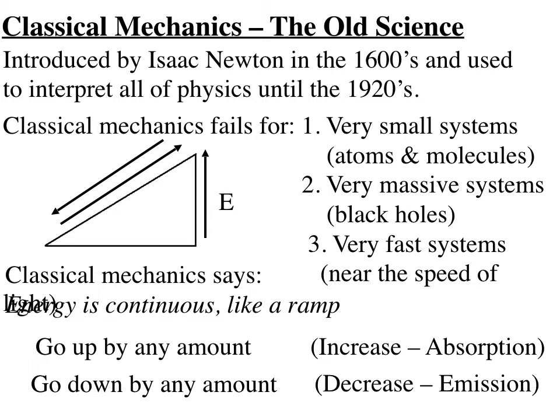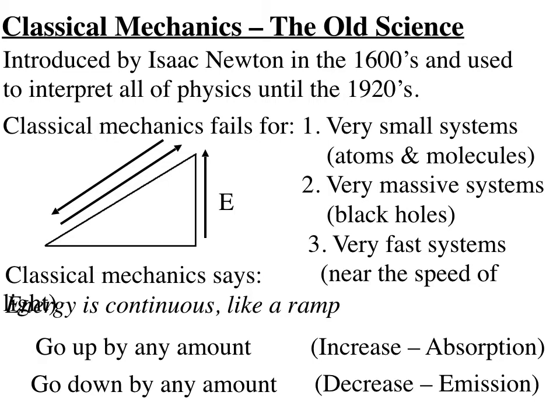So all of these events, some of them were predicted, and then scientists looked for evidence of them and found them. In particular, 2 and 3 were predicted occurrences by Einstein, and then scientists went to look for evidence of them, and they found the evidence for them.